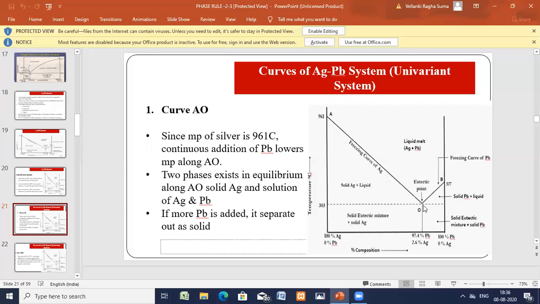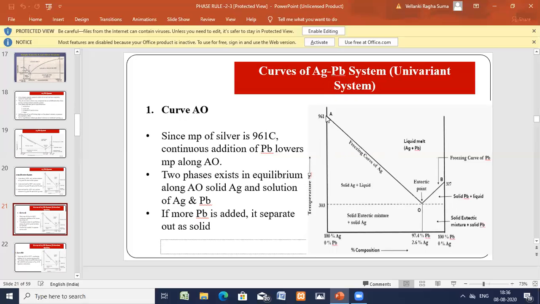These two phases exist in equilibrium along AO: solid Ag and solution of Ag and Pb are in equilibrium. If more lead is added, it separates out as the solid. So Ag solid and lead solid get separated out.